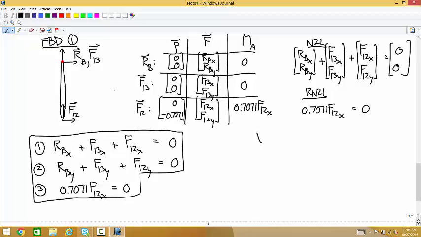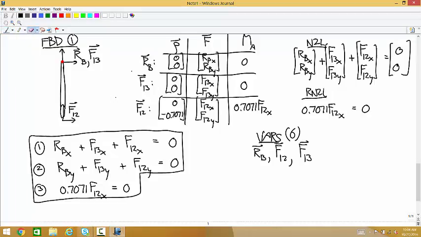Okay, so three equations. We can check to see if we can solve for anything. So the variables we have are RB, F12, and F13. So how many variables is that? 6, 2 components for each one. So we have 3 equations, 6 variables. There's nothing we can do yet. We just have to hang on to these equations till later.